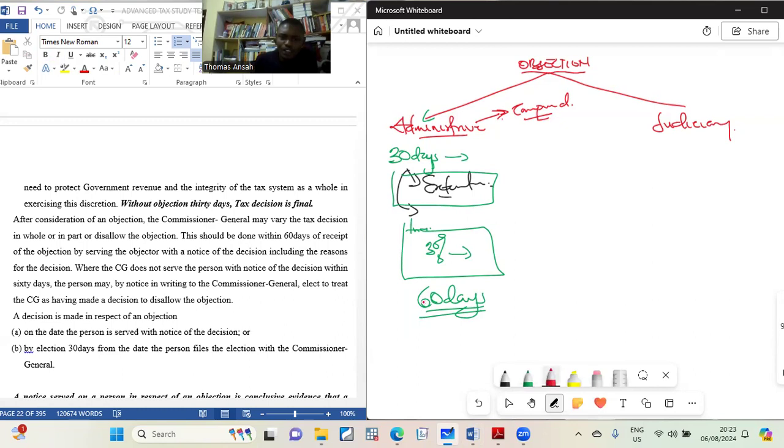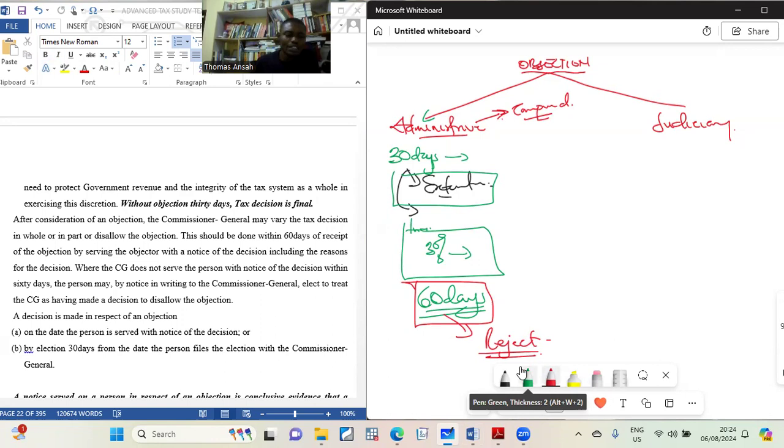Now, the law says that if after 60 days you have not heard from him, you should treat his silence as a rejection of your objection, which means you can go to the next step.